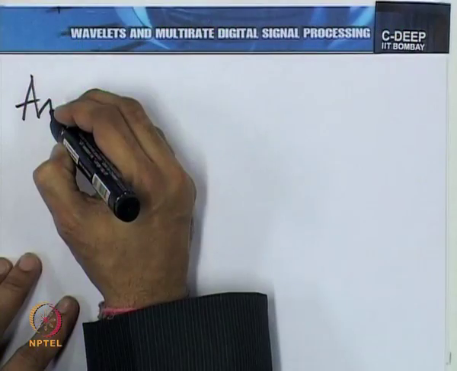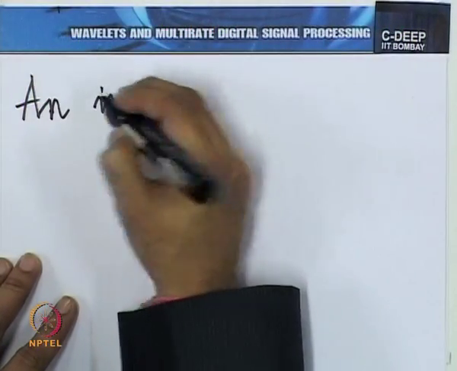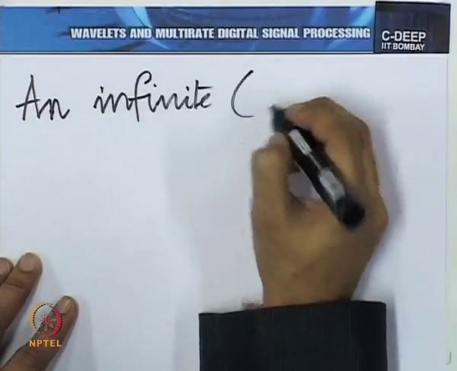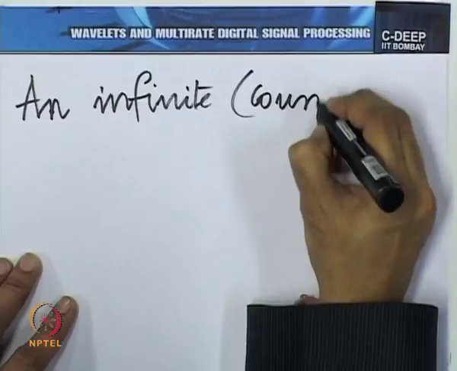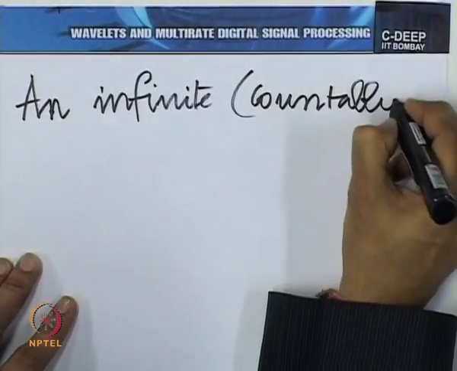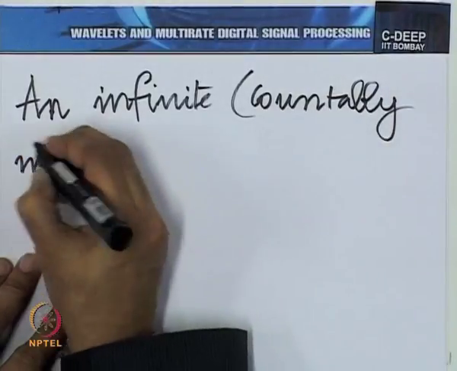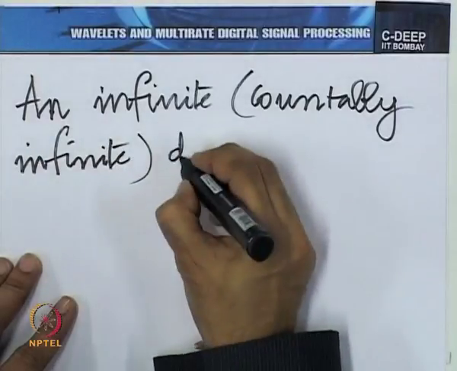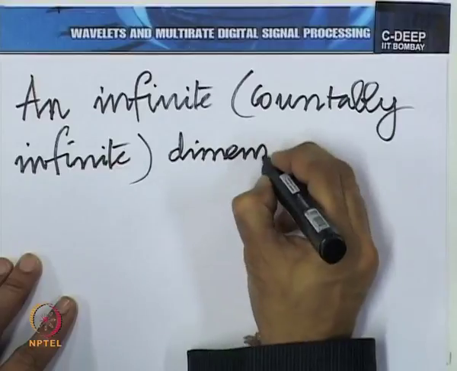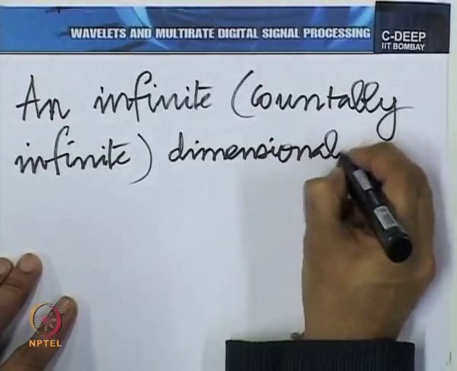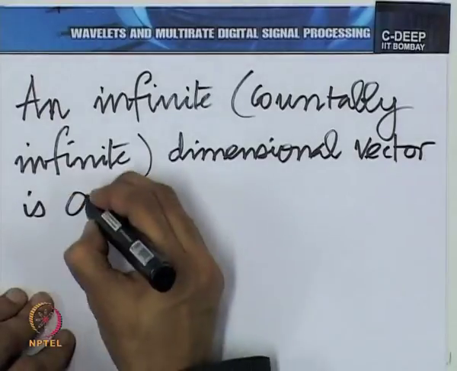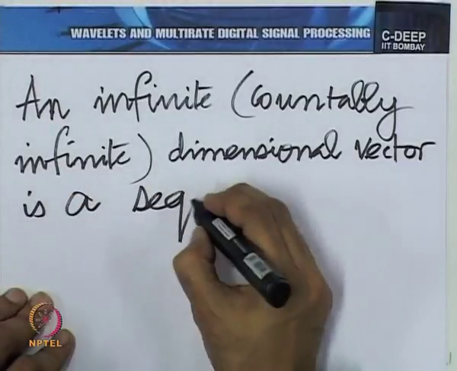An infinite dimensional vector, or rather a countably infinite dimensional vector, is essentially a sequence.